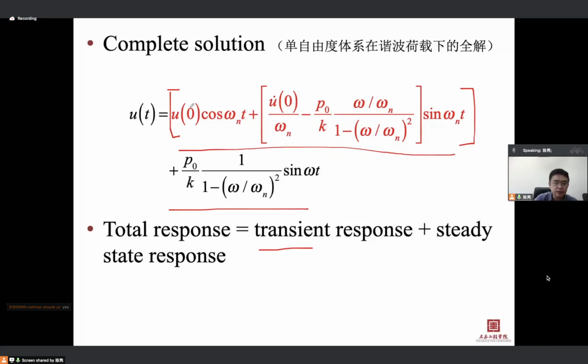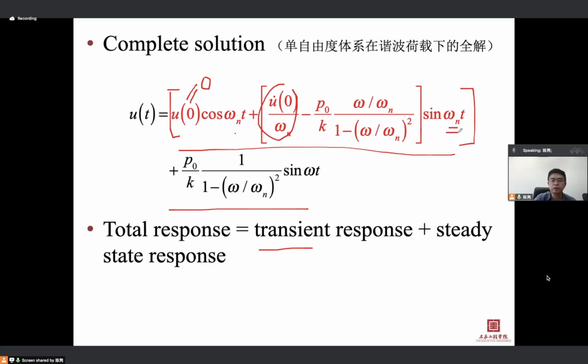You can see here. If this part is zero, which means the initial displacement is zero, and this part is zero, and the initial velocity is zero, we still have this part. If there's no damping, this part vibrates at the natural frequency of the system.